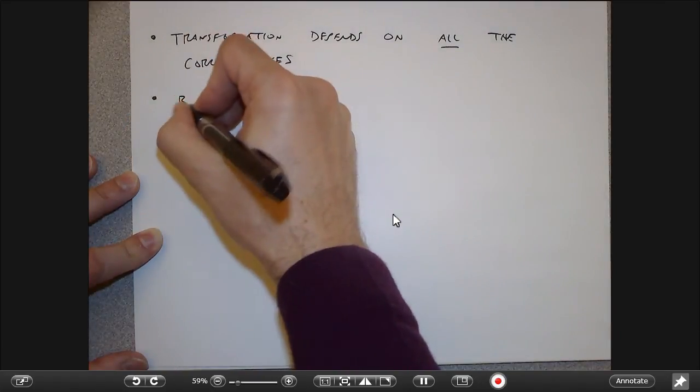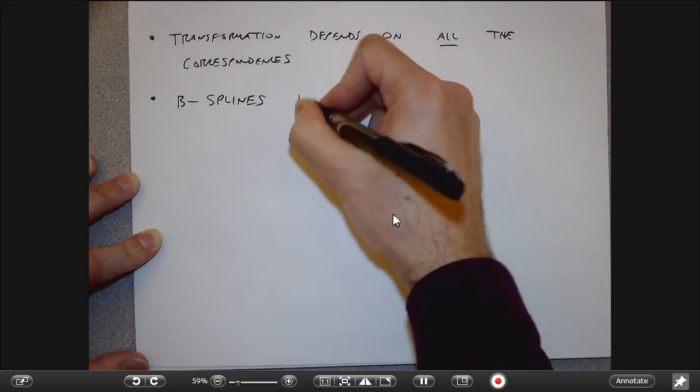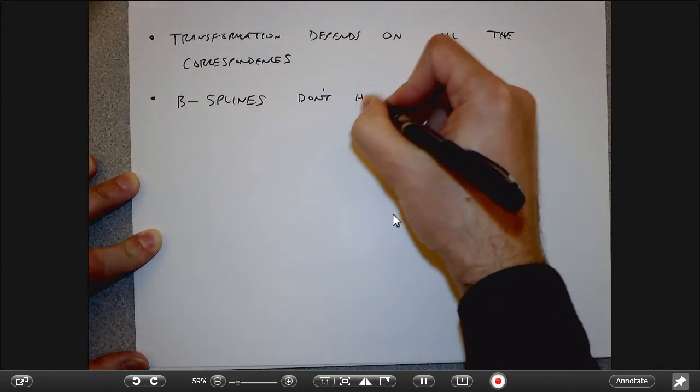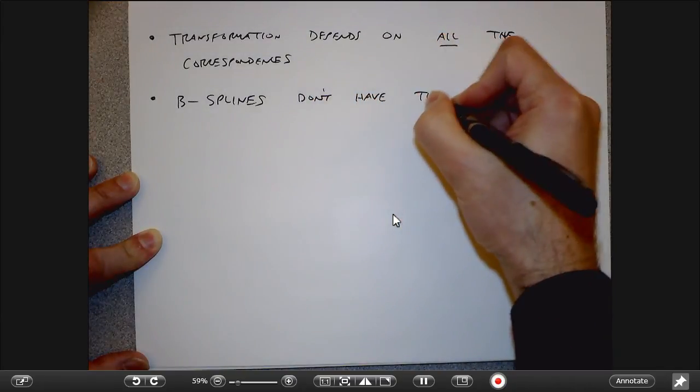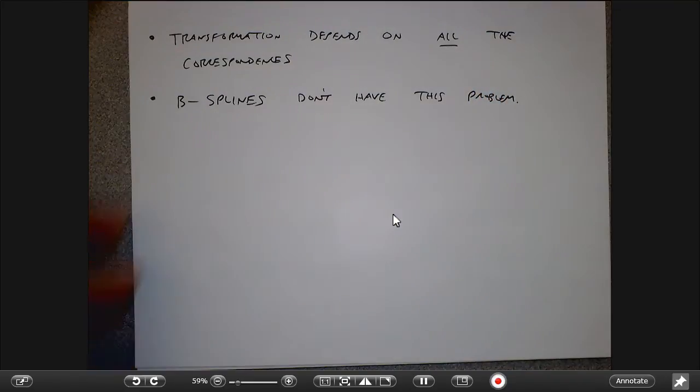Better would be something like B-splines, right? Those of you that are computer graphics people know that B-splines don't have this problem. A B-spline is basically like a local cubic polynomial that I evaluate using, say, 16 neighbors of a point, right? So that means that if I change some correspondences, then the B-spline doesn't change outside of this local neighborhood.